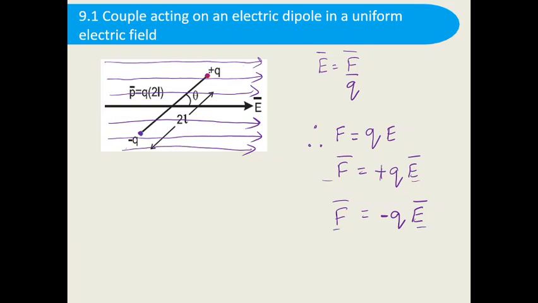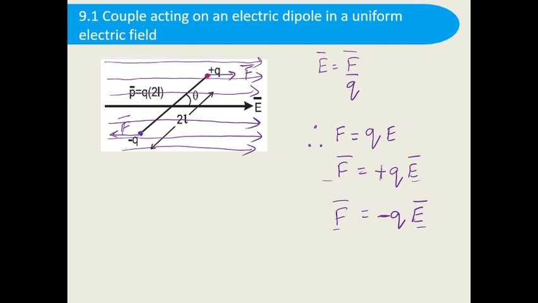So this is the plus q charge. The force acting on the plus q charge will be in the direction of the electric field, because they are in the same direction. F bar is equal to plus q E bar. But on the negative side, the minus q side, the force will be like this. This is a force F bar, which is in this opposite direction.